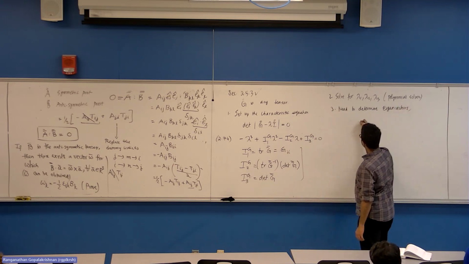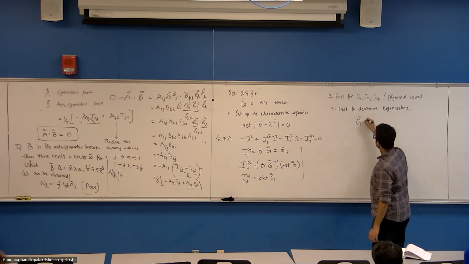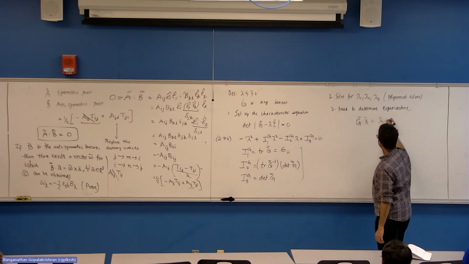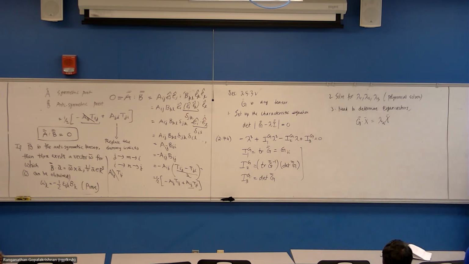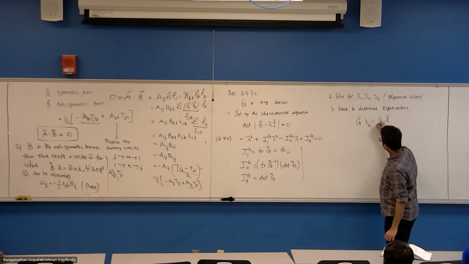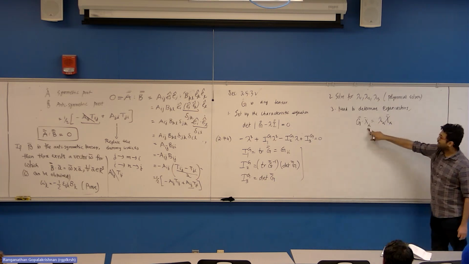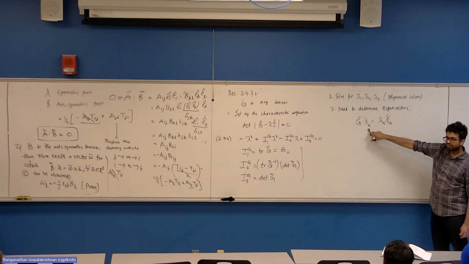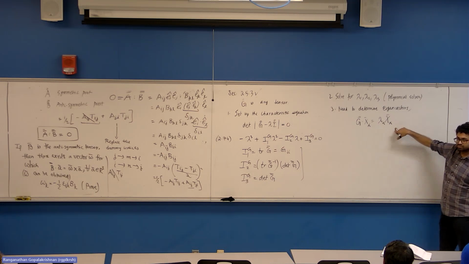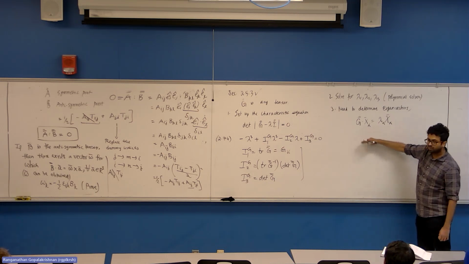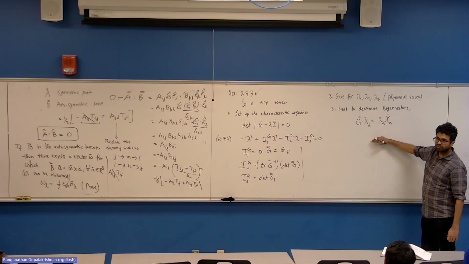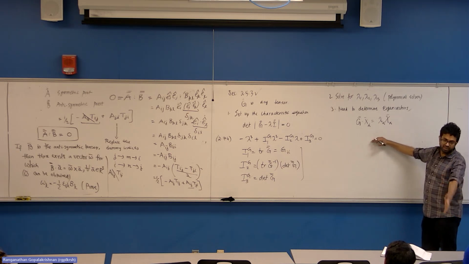An eigenvector is G dot X equal to lambda alpha times X. That is, for each eigenvalue, you will have a unique eigenvector which will obey this relationship. So you have to set up 3 equations in 3 unknowns, but they won't be distinct equations.